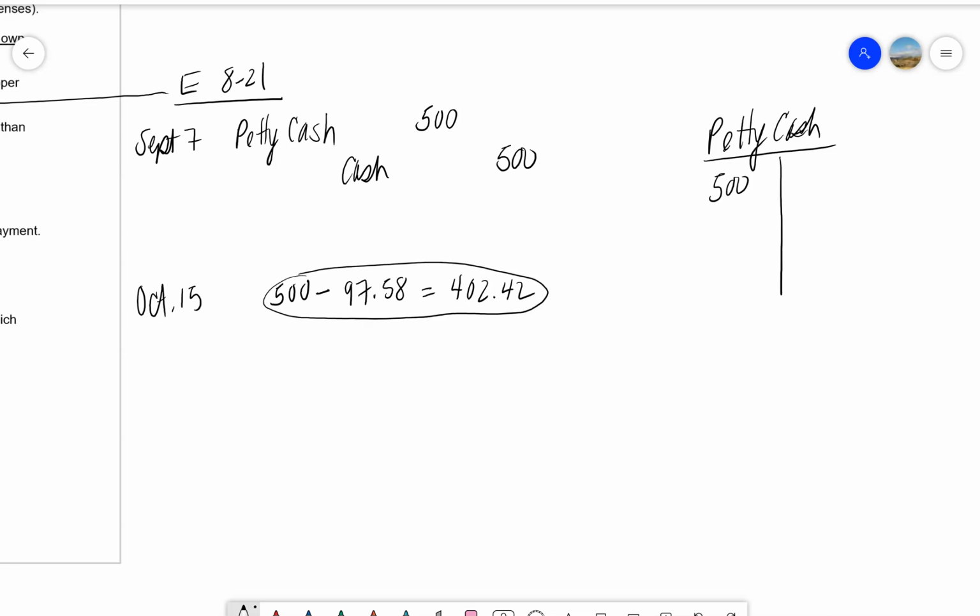So that's the amount of cash they need to add to the petty cash fund. But remember, from an accounting perspective, we're going to be leaving the petty cash on the general ledger at $500. But in actual fact, it's gone down to $97.58. Now we have to physically add $402.42 into the petty cash fund.